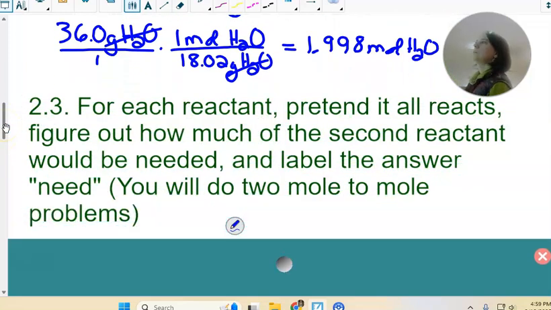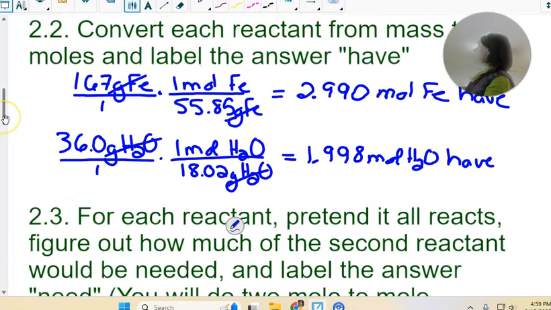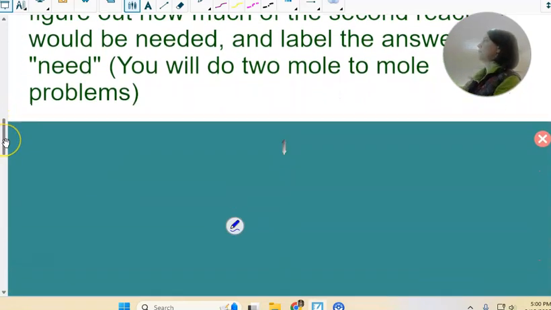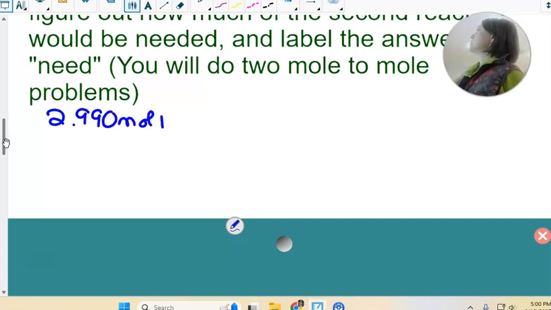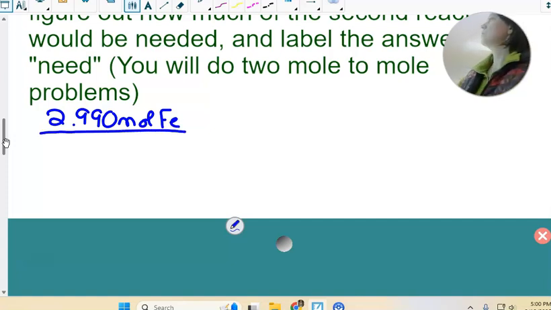Then, for each reactant, we're going to pretend it all reacts and figure out how much of the second reactant would be needed and label that "need." So it doesn't really matter which one we pick. Let's pick iron. So 2.990 moles of iron, that's my original quantity, over 1.